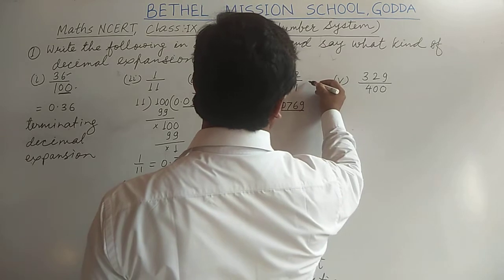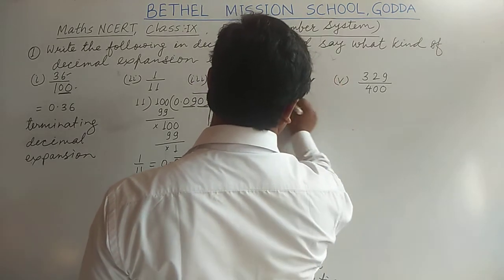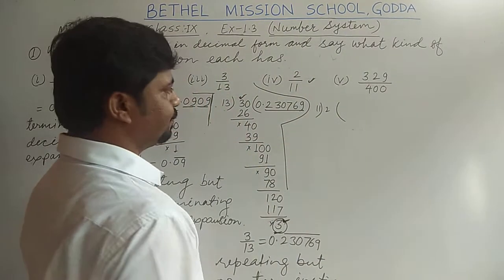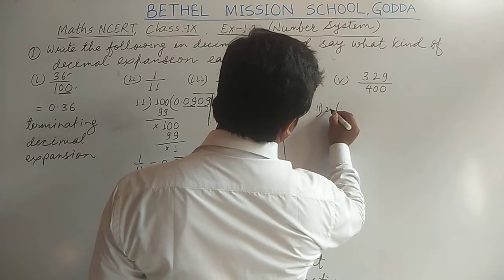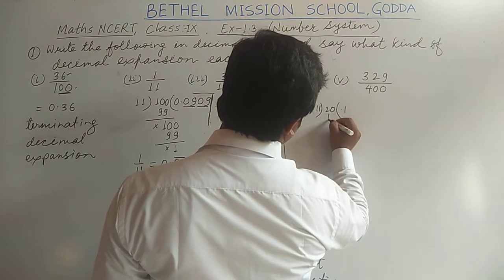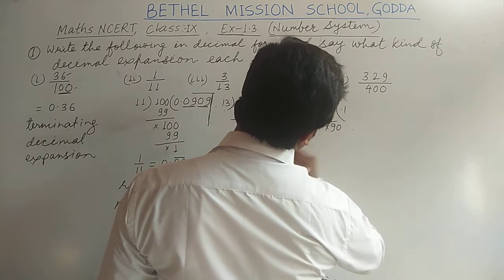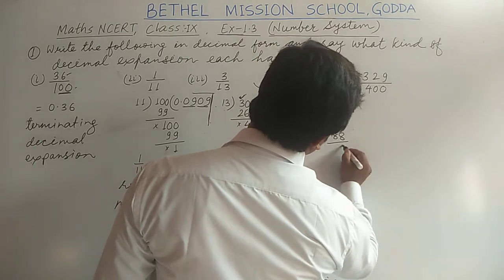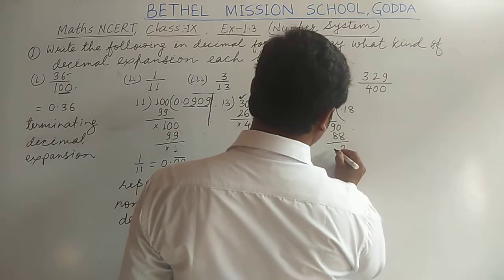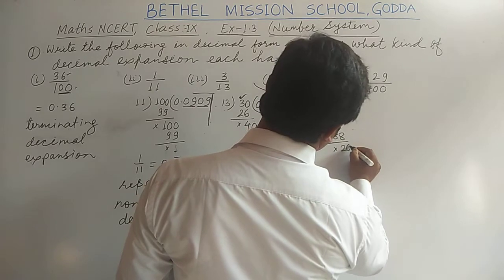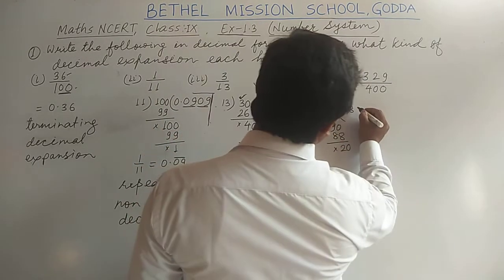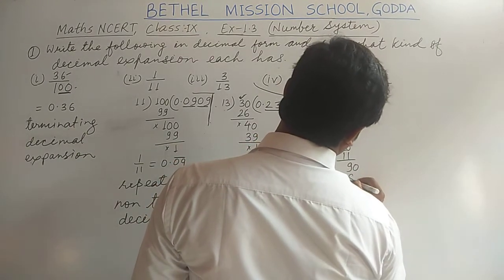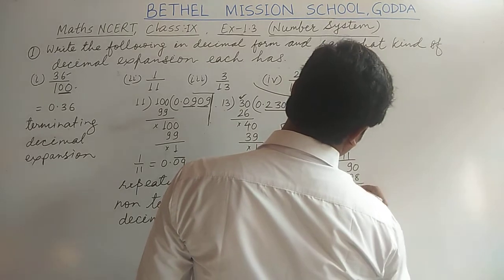The same way we will do number 4 also. By 11 we will divide these two. Then decimal 20, 11 times 1 is 11, remainder 9, decimal 90, 11 times 8 is 88, remainder 2. Decimal again will give 20, 11 times 1 is 11, remainder 9, 90, 11 times 8 is 88, remainder 2.